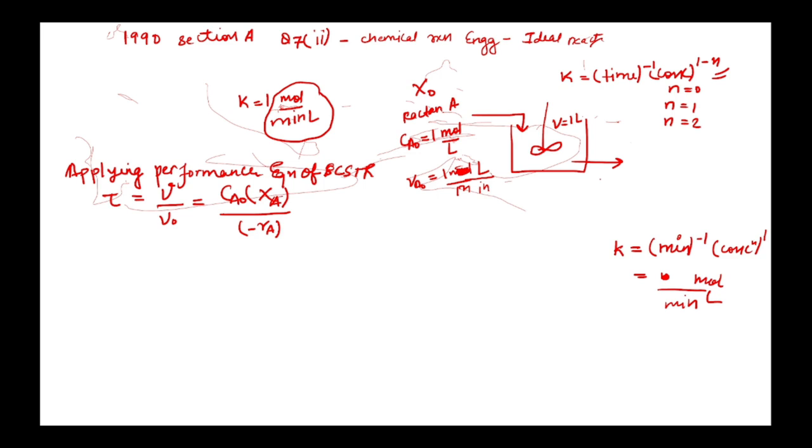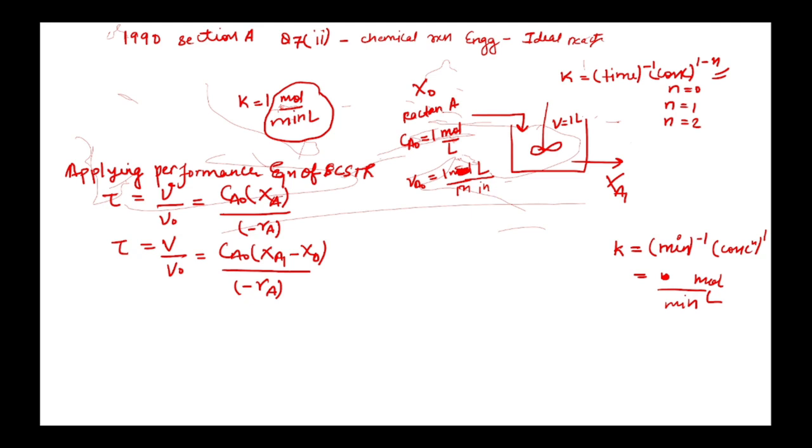So the performance equation changes like this: tau is equal to V upon V naught is equal to CA naught into XA1 minus XA naught, where XA1 is the conversion, upon minus RA. This will be the equation if the feed is partially converted.